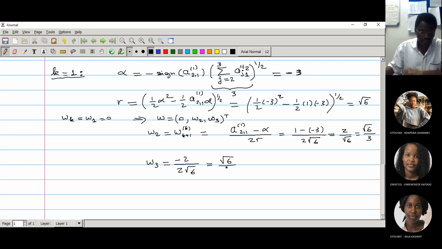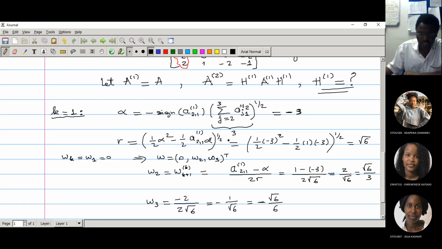So you can see that it gives us -1 by square root of 6, which is negative square root of 6 by 6. And do we need to compute any other entry? This is W3. Oh, for W4 we still need another one.